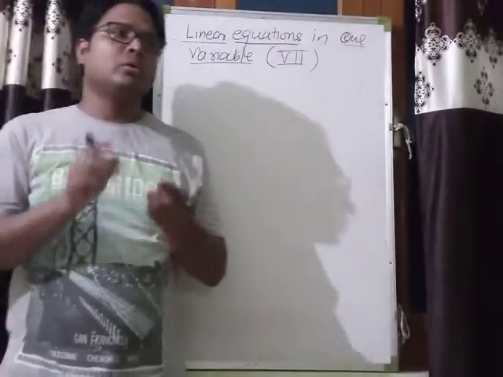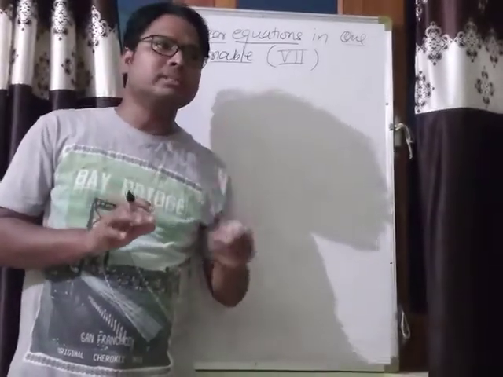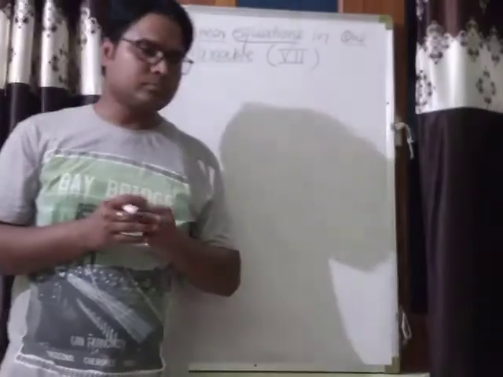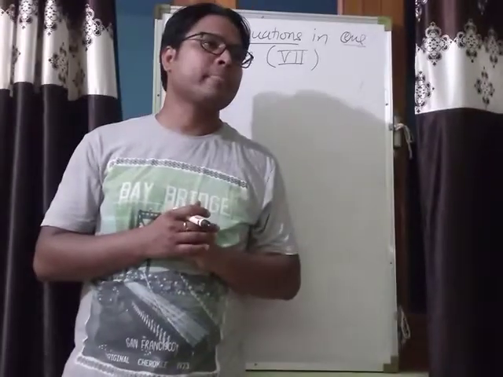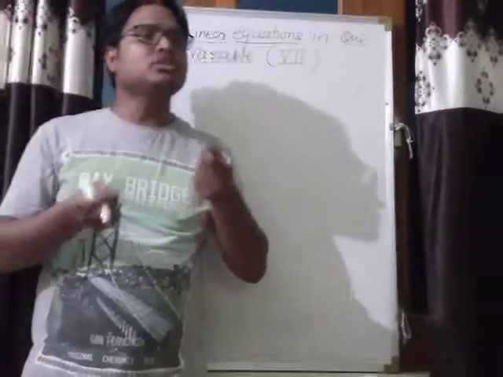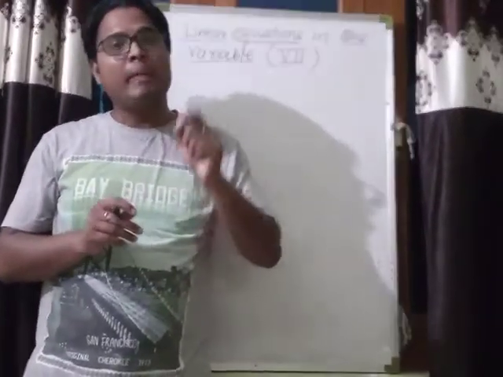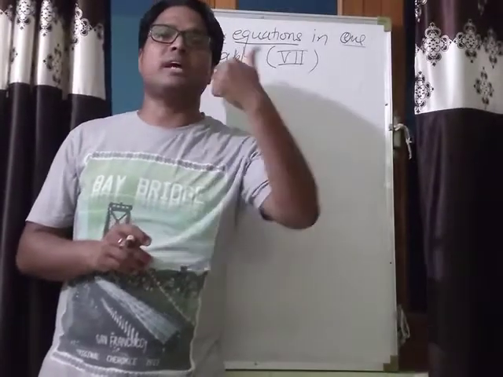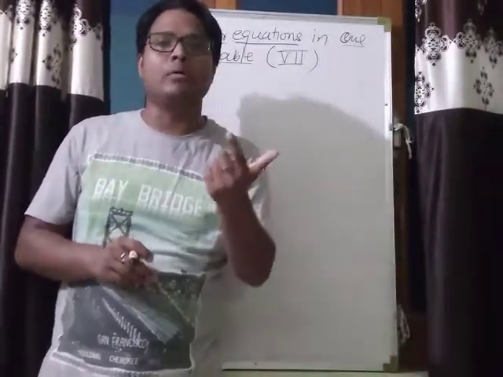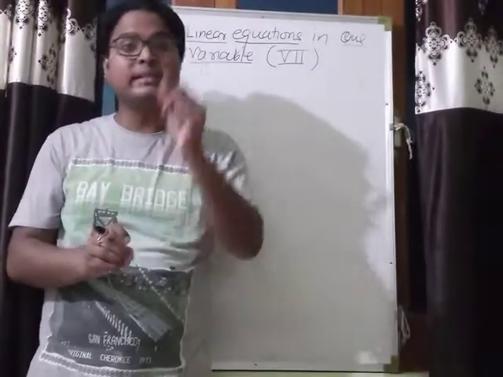Means when that equation will be linear, you have read about linear polynomials. A polynomial is called linear when the highest exponent or maximum power of any variable is 1.